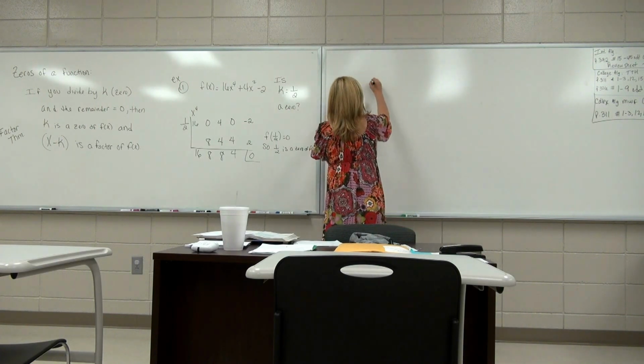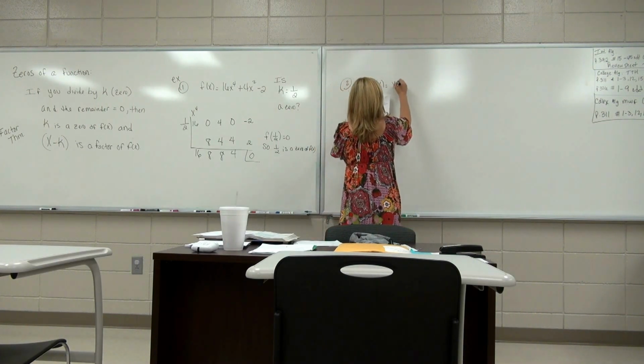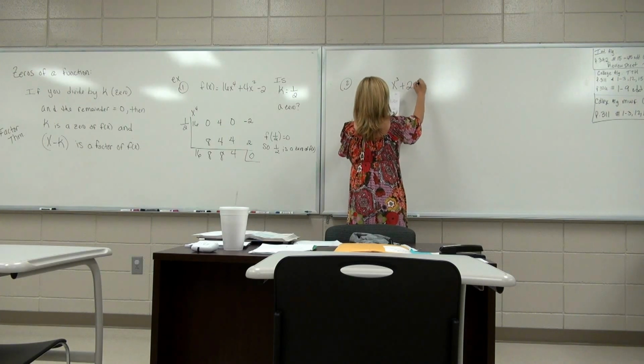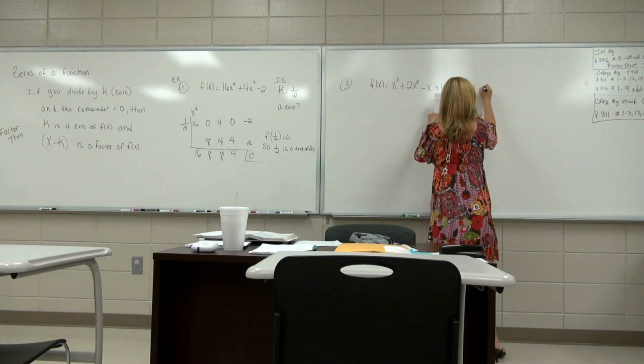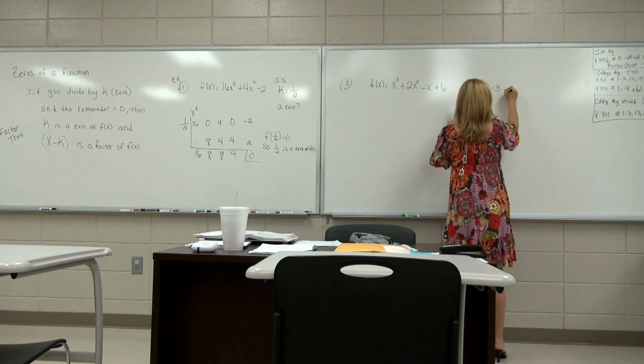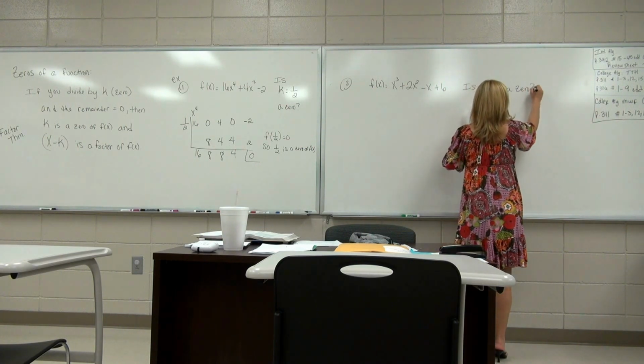Example 2. You're given f of x is equal to x cubed plus 2x squared minus x plus 6, and I'm asking, is k equal negative 3 a 0?